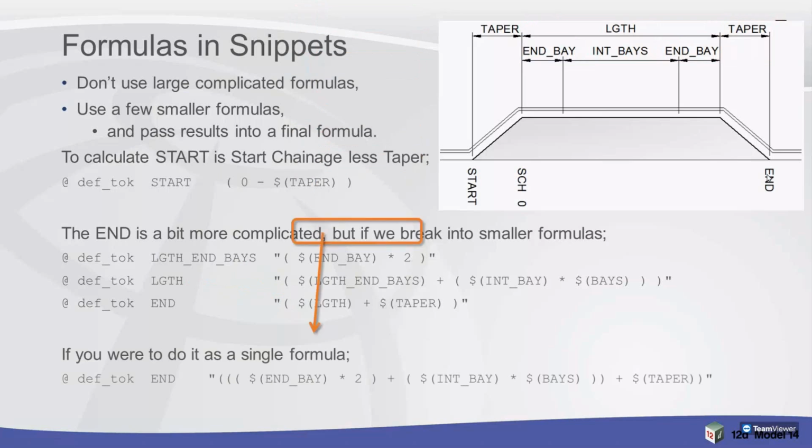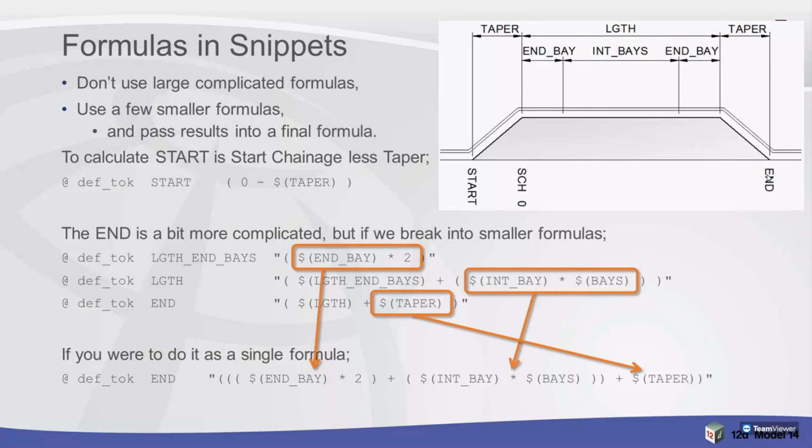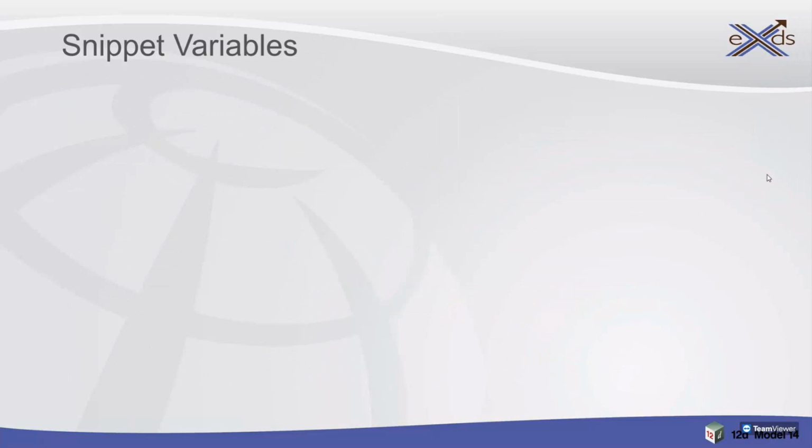If you were to do it as a single formula, you end up with something like that. And to be honest, with so many opening and closing brackets in there, it took about three goes to get that right for it to actually run. So I personally find it much easier. It's more typing, but I find it much easier to break things down into smaller chunks and then start adding it together at the end.